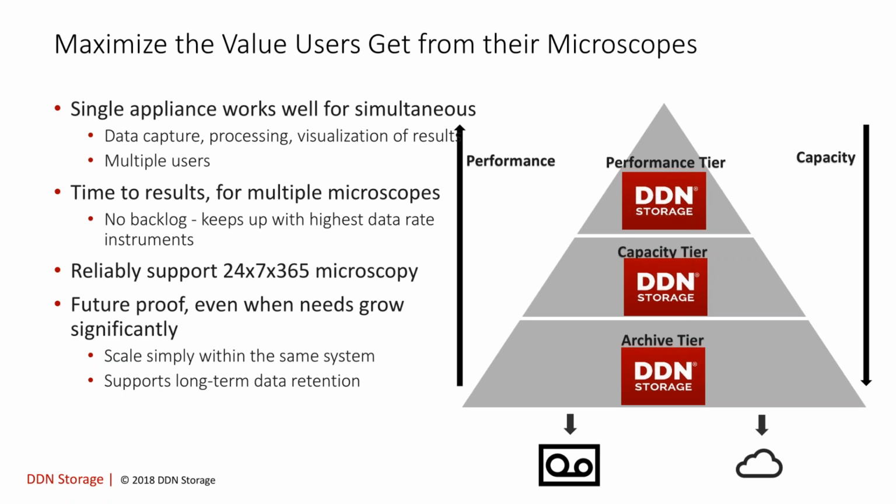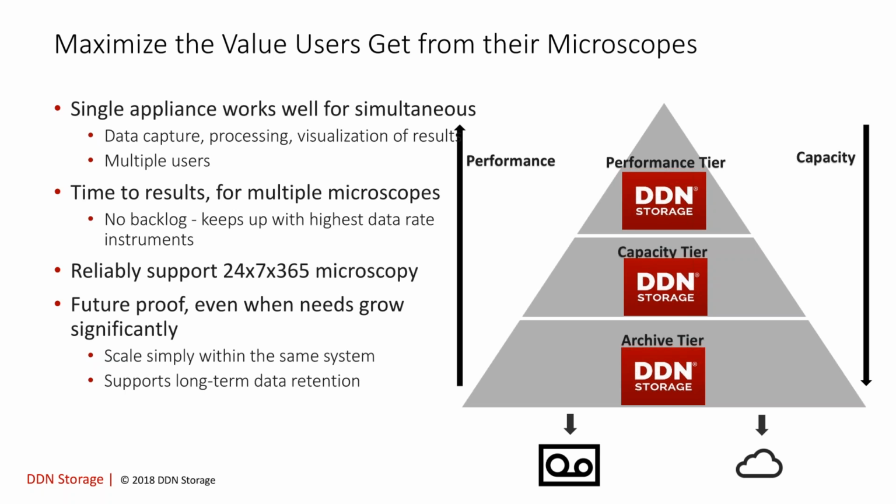You can have it automatically paste, for instance, raw frames into an archive tier. You can have it keep aligned frames somewhere else. You can have it take project data that hasn't been touched in 6 months and move it down to a cooler tier to free up your performance resource. And all of that happens magically. Appropriately, it also can tier out to colder storage, tape solutions, or cloud solutions as well.